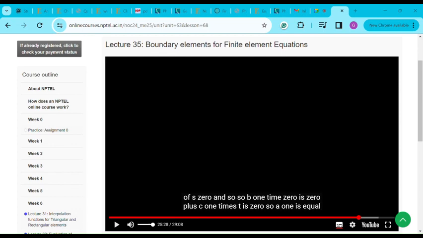S2 is this side 2. The linear shape functions are 0 along all these lines.